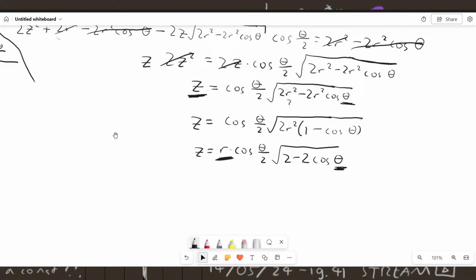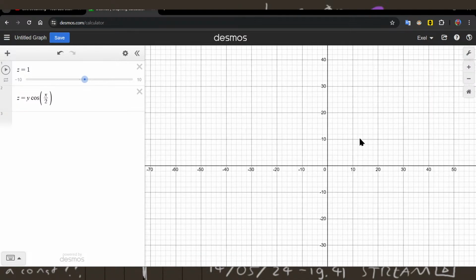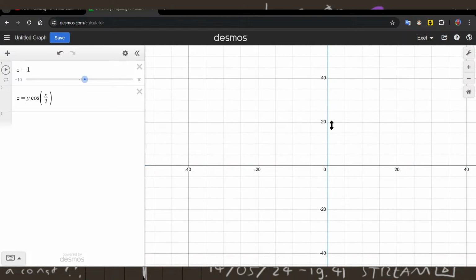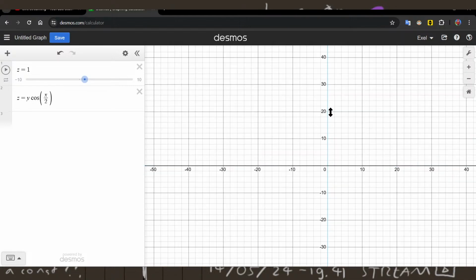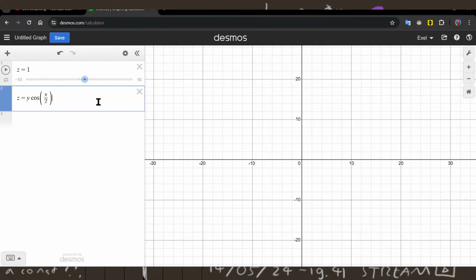And then, so we go z equals, so I think it's better if the cosine is an x. So let's go y first. Y cosine x over 2. Oh, it's not appearing anything? Nothing's appearing? Huh, that's weird. But it doesn't show any errors or anything, so I'm assuming it's fine.